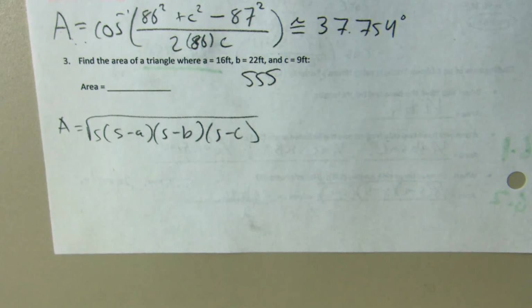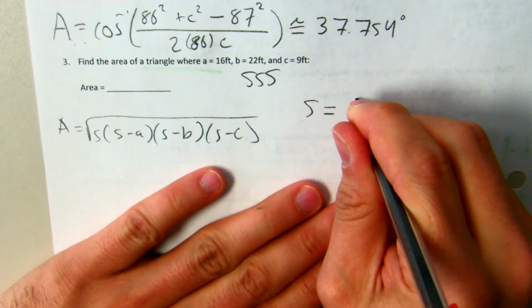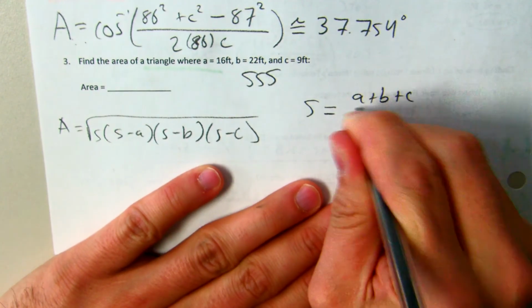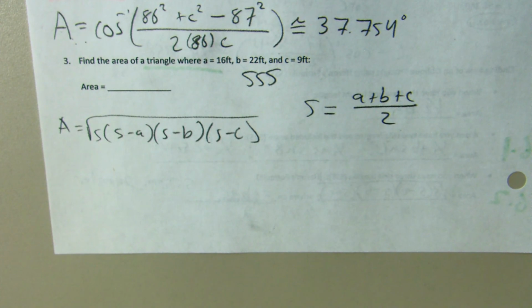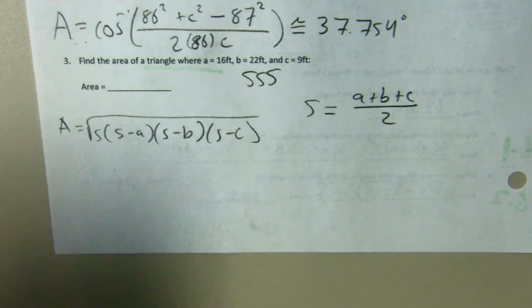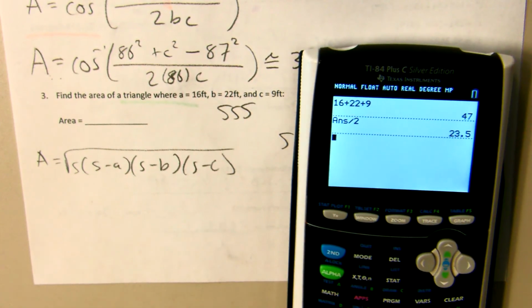Easy formula to remember, as long as you remember s is semi-perimeter, so perimeter divided in half. A semicircle is half a circle, semi-perimeter is half a perimeter. Okay, so here's the 3 lengths in this question. Add it up. You might want to write it down.